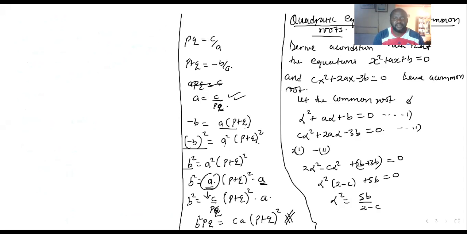So having rubbed off, I can also eliminate alpha squared.